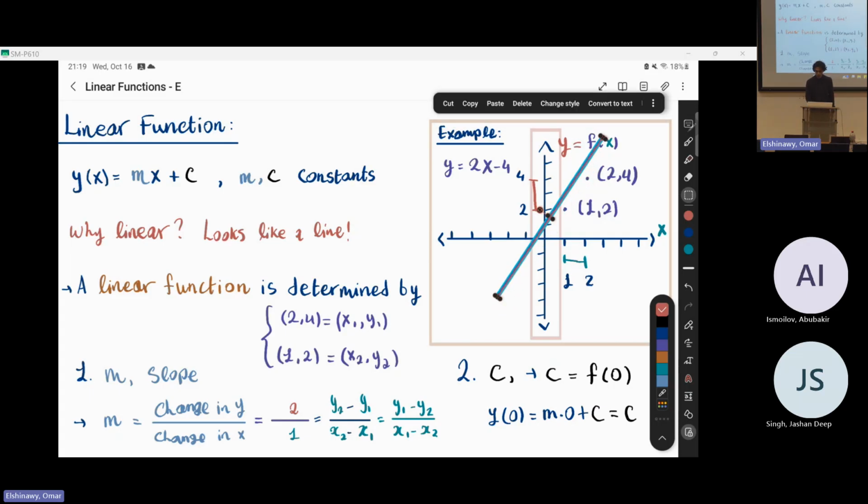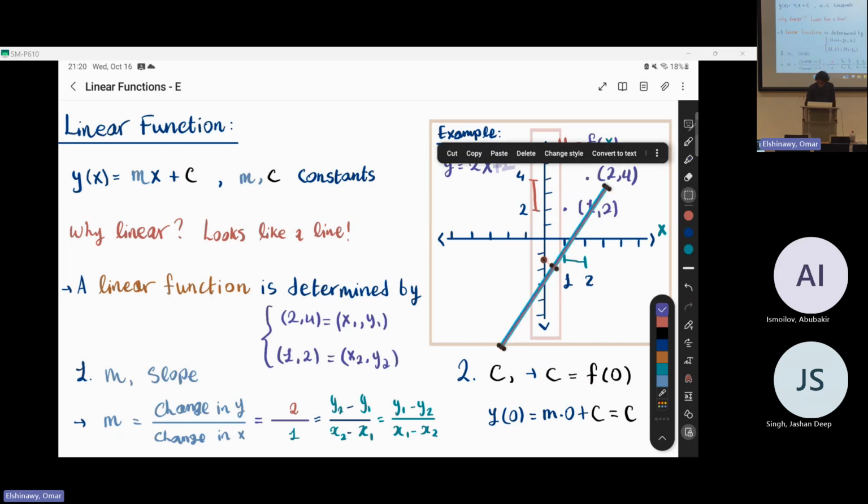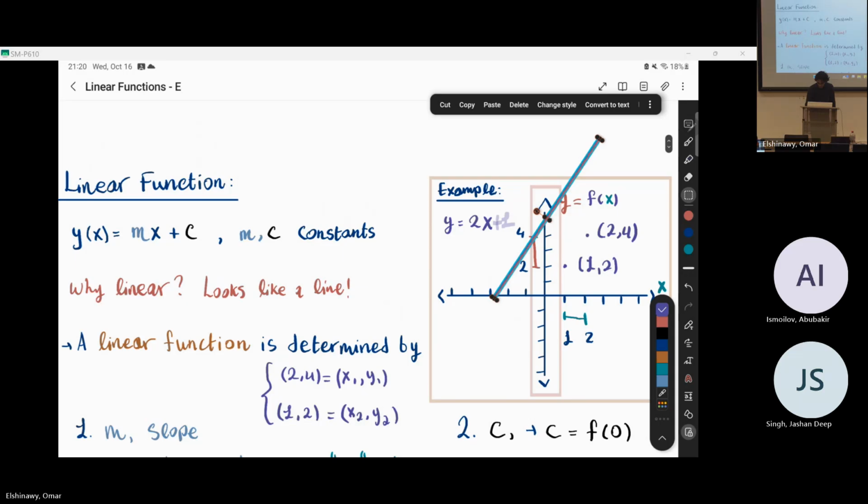So this is when we move it one step up. This is 2x plus 1. This is 2x minus 3. And maybe you will tell me what this is.